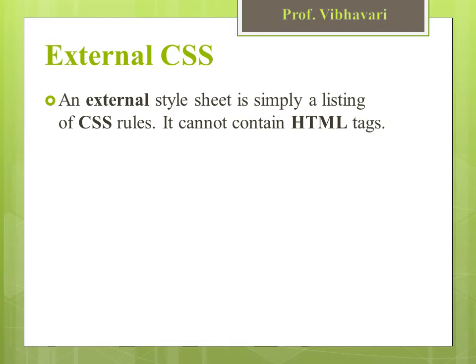As you see in the previous type of CSS, in an internal CSS, the CSS rules are included in the HTML tags, but in this case the external style sheet is simply a listing of the CSS rules and it cannot be contained in HTML tags.